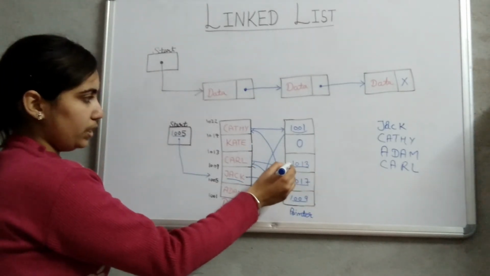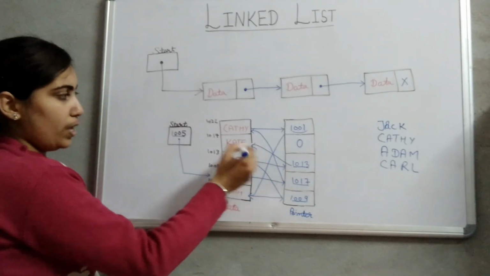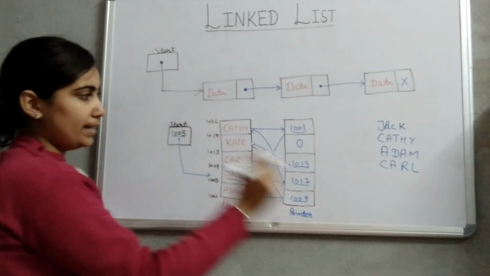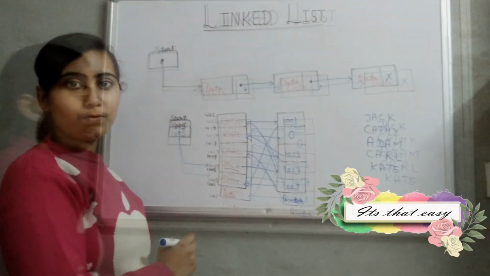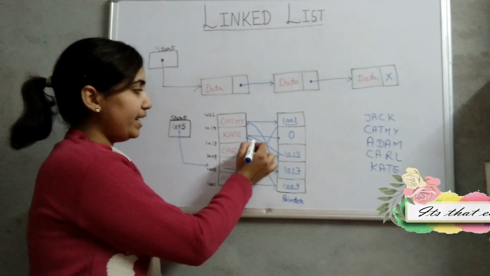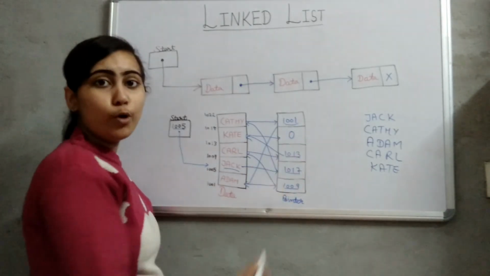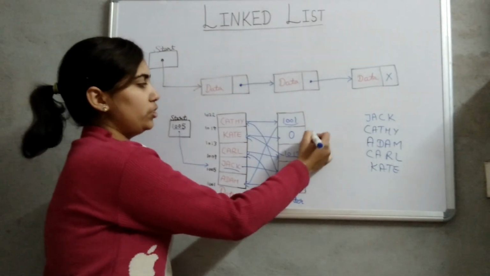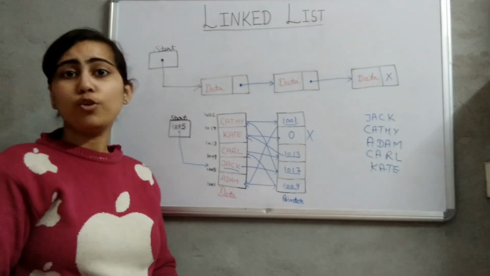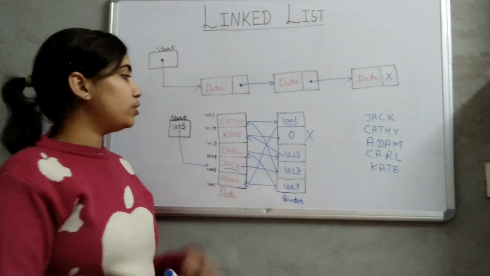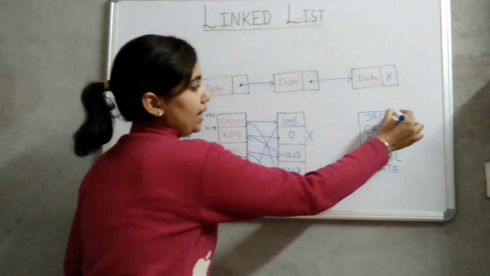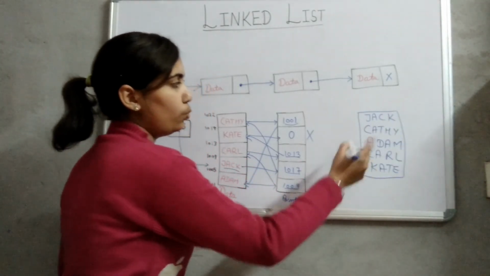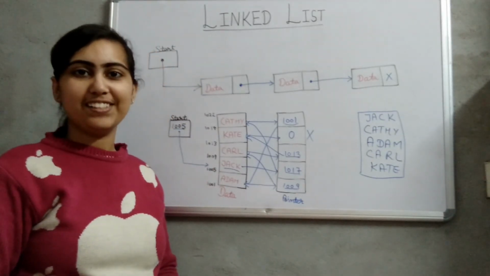If we go to 1013, we see Kate here. So let's write it here, Kate. After reaching Kate, we see there is a null address. It means there is nothing, no node after that. So we can say that after traversing, we get this data.